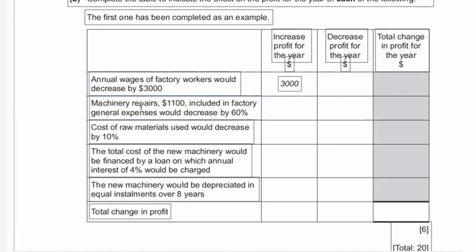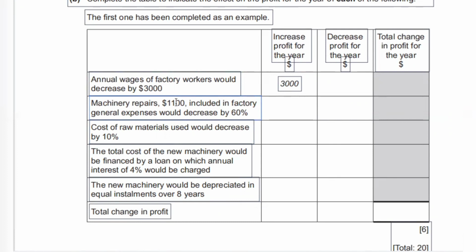Then we have machinery repairs of 1100 included in the factory general expenses that were decreased by 60%. That means previously we had written 1100, and now it is decreased by 60%.